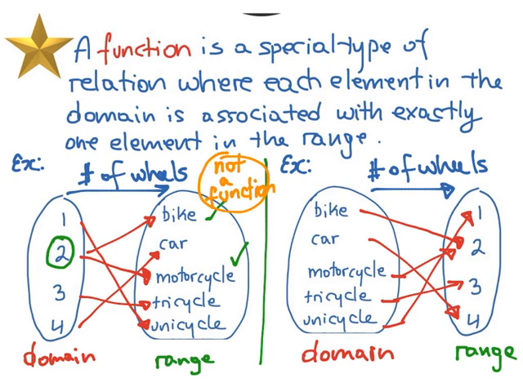Before, in the example, the number of wheels had a possibility of having different vehicle types. But now we have vehicle types that can only have one specific wheel configuration.